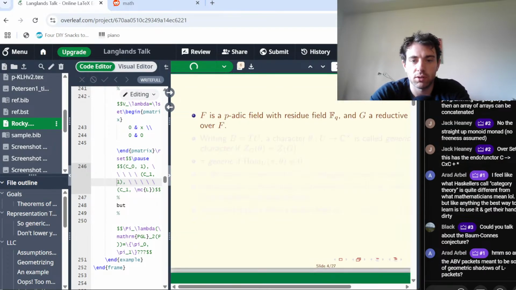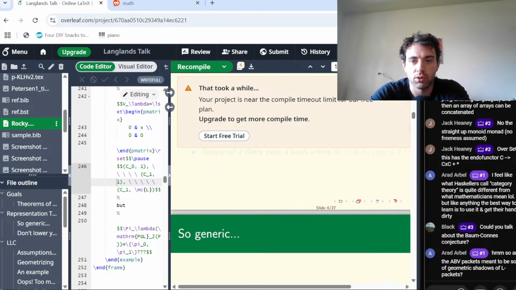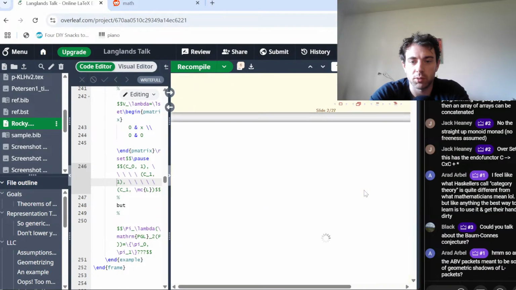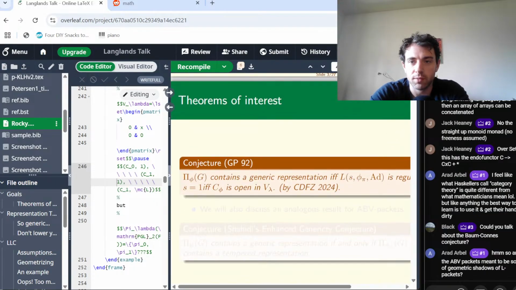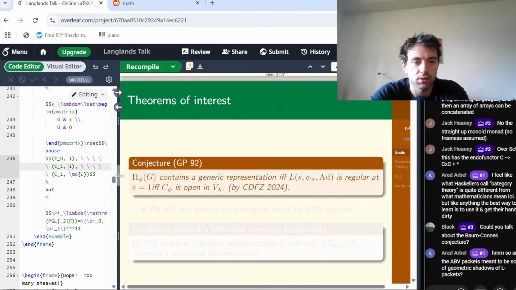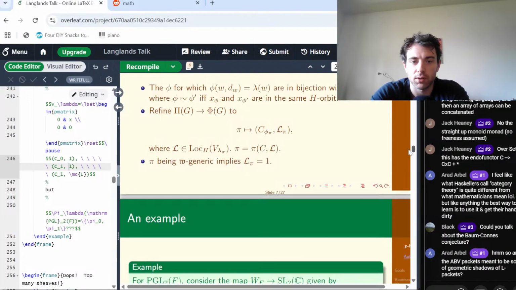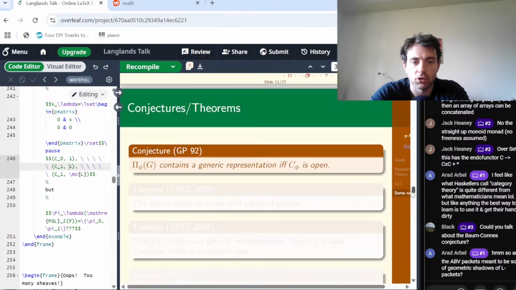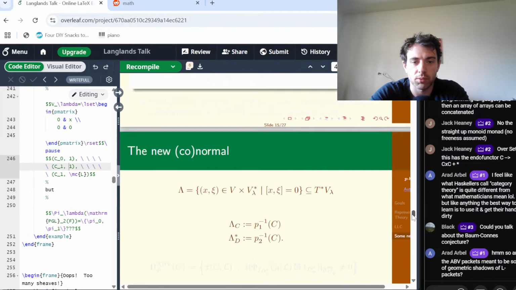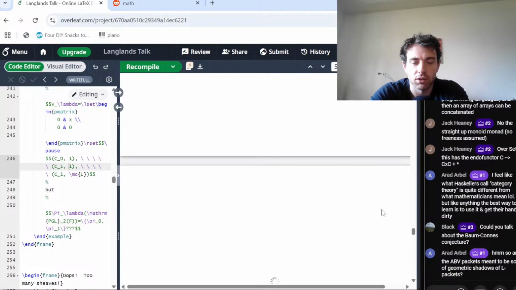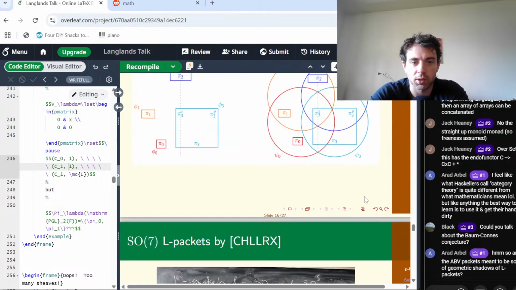But where is it here? So let me show you. There's some pretty pictures in here. One of these pictures is stolen from one of my supervisor's papers.